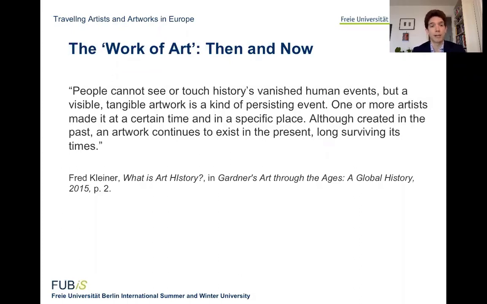I quote from Kleiner: "People cannot see or touch history's vanished human events, but a visible, tangible artwork is a kind of persisting event. One or more artists made it at a certain time and in a specific place. Although created in the past, an artwork continues to exist in the present, long surviving its times." End of quote.